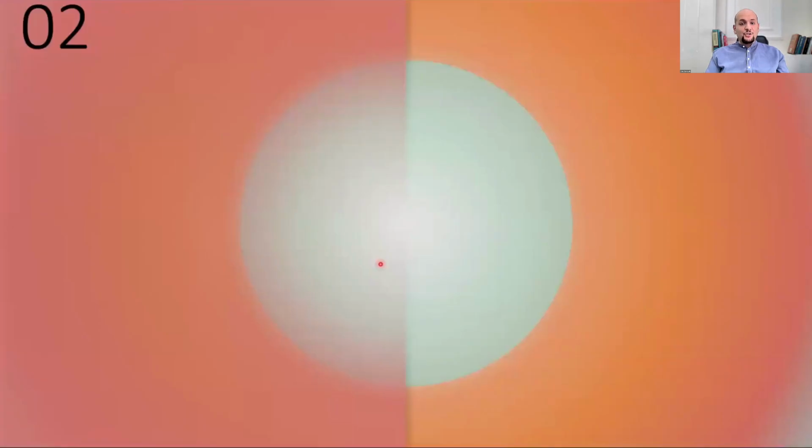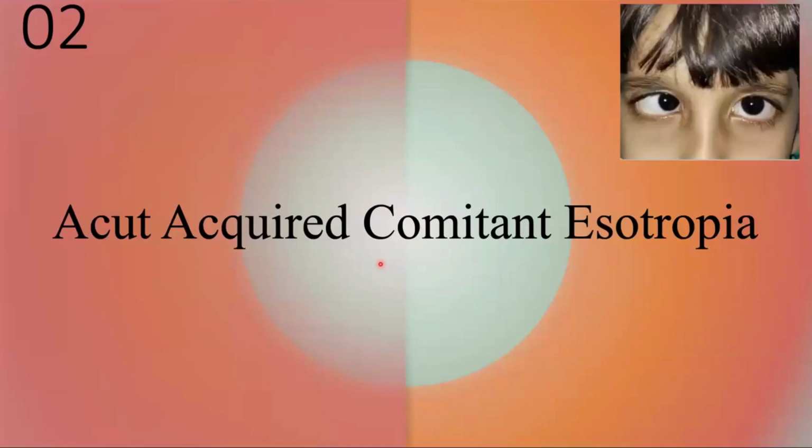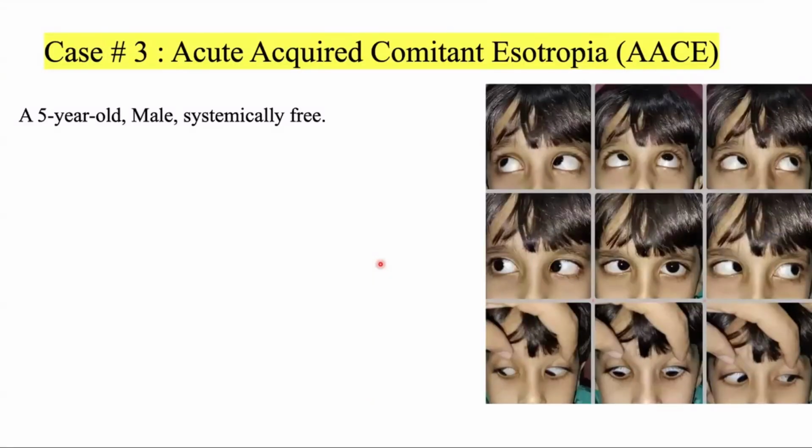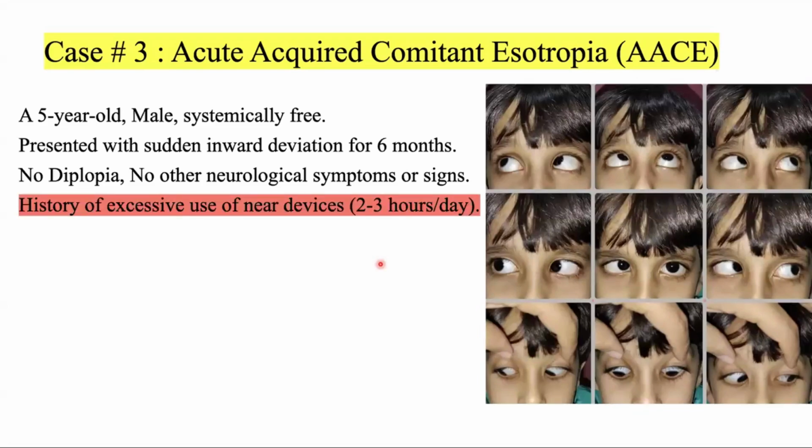Let's move to the second chapter, acute acquired comitant esotropia. So this boy is a 5-year-old presented with sudden inward deviation for 6 months. No diplopia, no other neurological symptoms or signs. History of excessive use of near devices, around 2 to 3 hours daily.